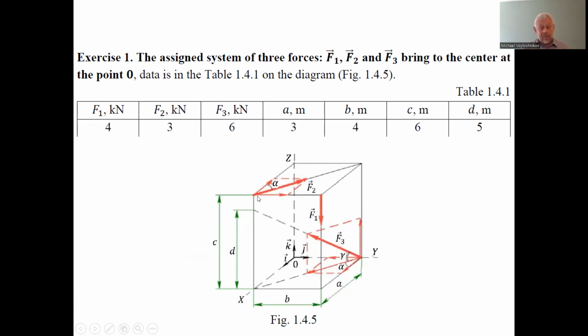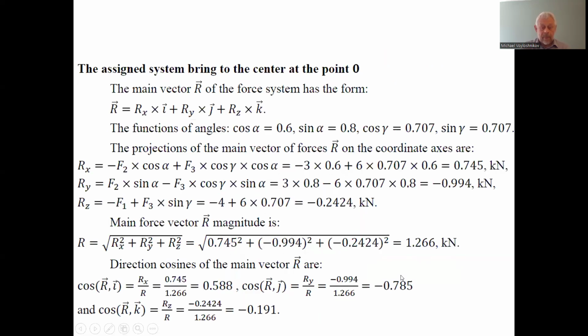And the projection of force F2 is the magnitude of F2 multiplied by cosine alpha. But it rotates the body clockwise if we watch toward the y-axis. So this component of the moment projection on the axis y is with a negative sign, minus.